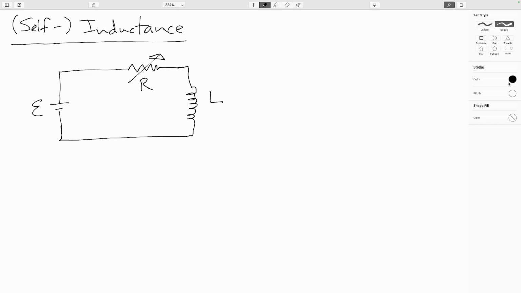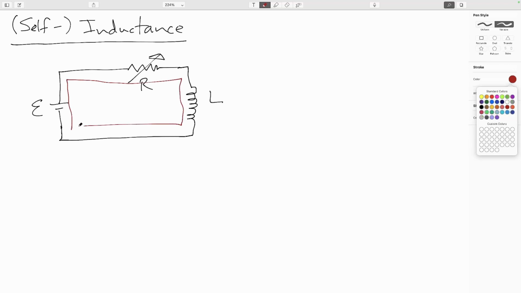Okay, so let's just say that I've got this dialed up to a pretty hefty resistance. Not infinite, but just some big number. What that means is that we'll be running a current through the circuit like so, clockwise.